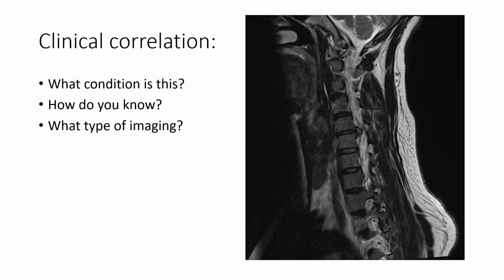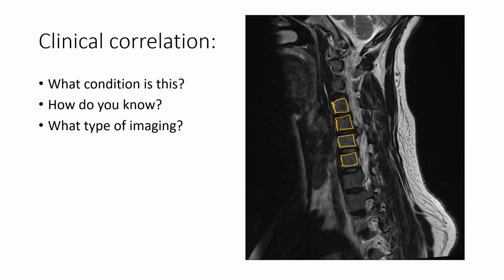Now, what kind of image is this, first of all? You can see where there's bones, right? So here are your bodies of your vertebrae. They're the easiest things to pick out, right? They're not bright white, so it's not going to be an X-ray and it's not going to be CT. This is going to be some kind of MRI.